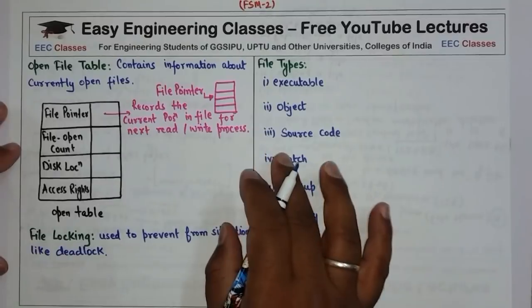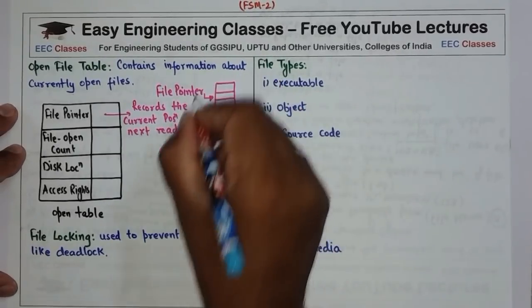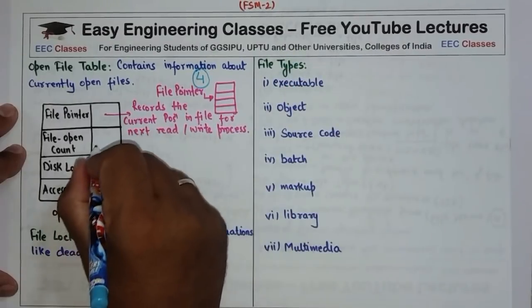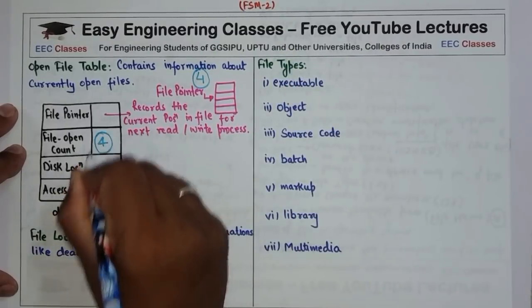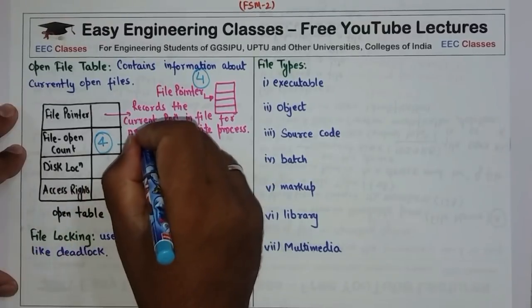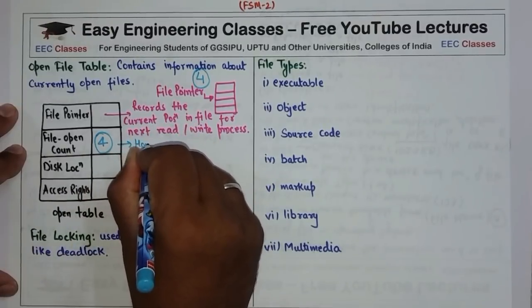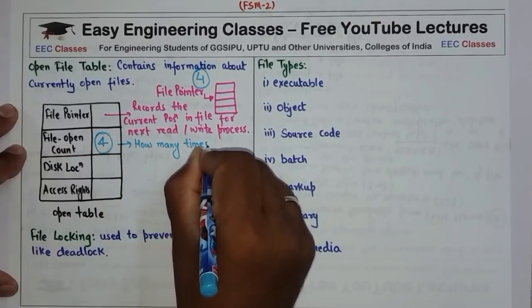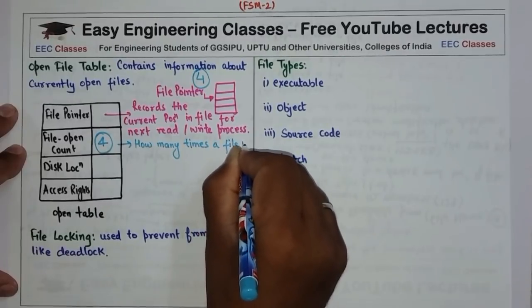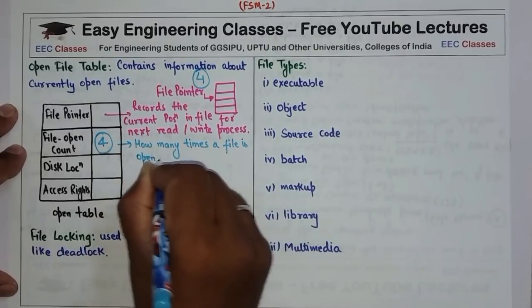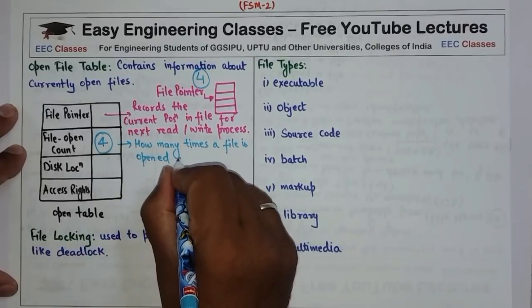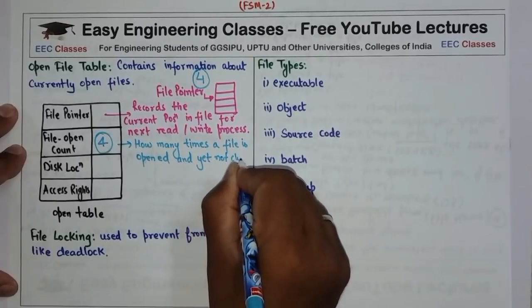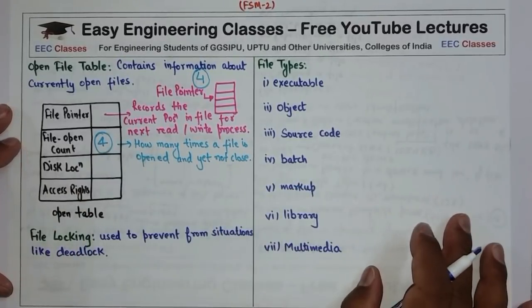So if a file is opened by say 4 users and not closed, this will contain the value 4. So this is about the file open count.